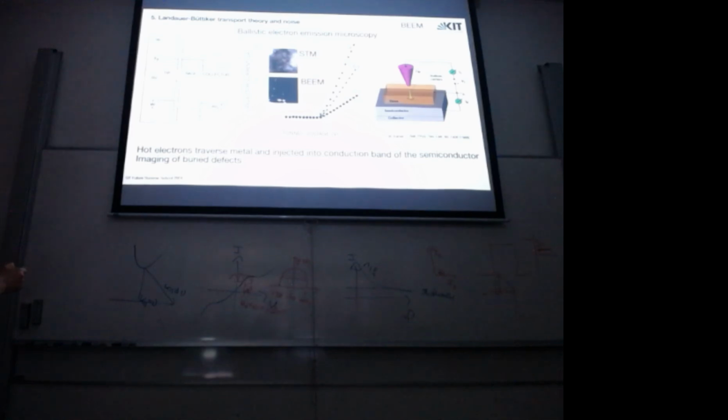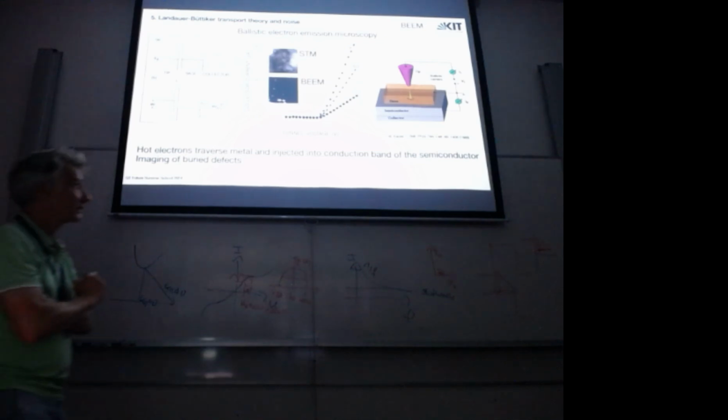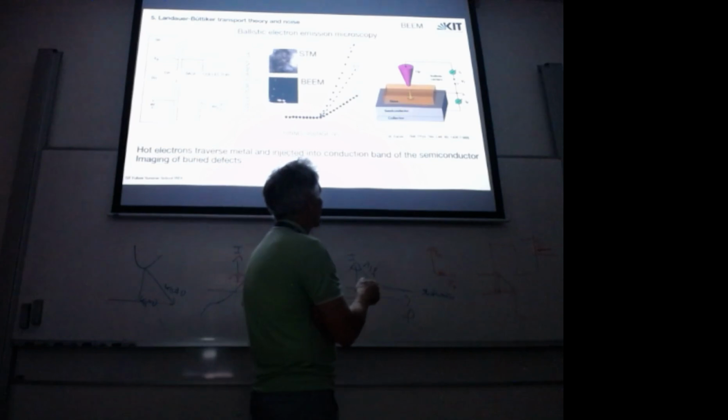But if I have a bias voltage which is larger than the band gap here, then part of the tunneling electrons, which have enough energy, can actually go ballistically through the base and be collected in the collector. So we can do an experiment where we have two currents: a tip, a vacuum, a base, a semiconductor, and a collector.